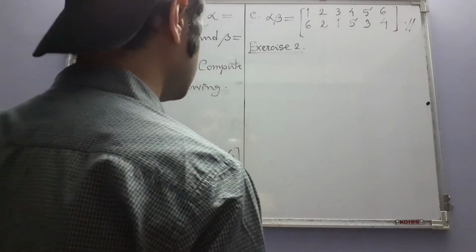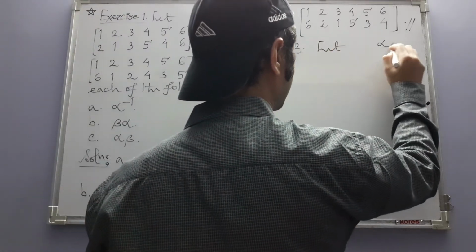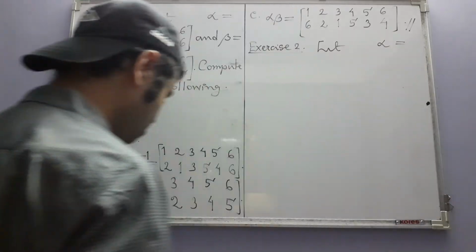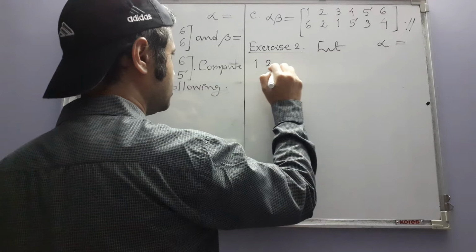Next, exercise 2. Let alpha be equal to, here even a bigger one is given, one involving 8 symbols.